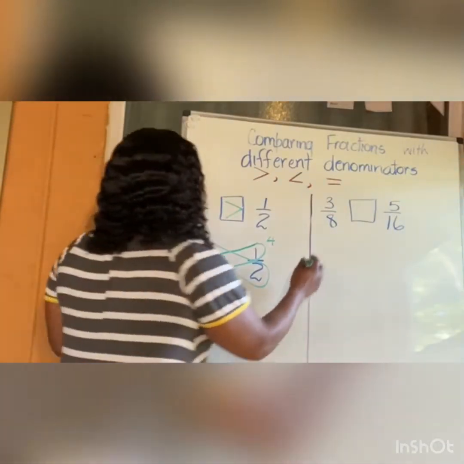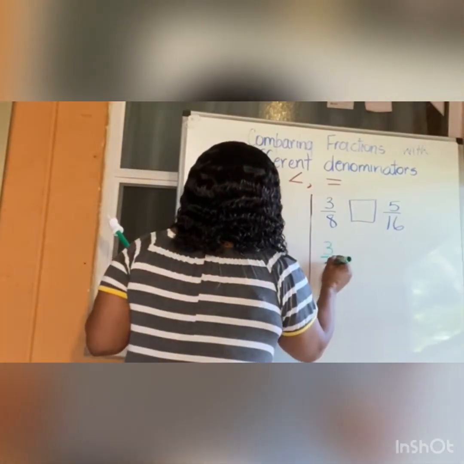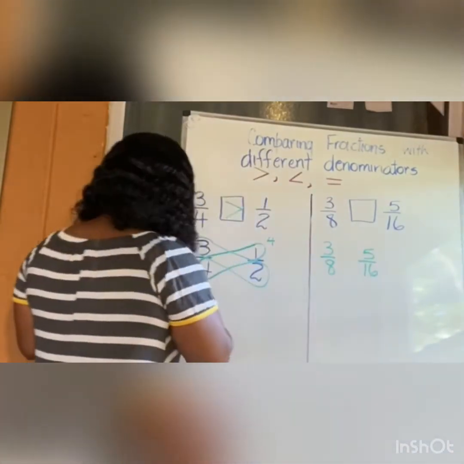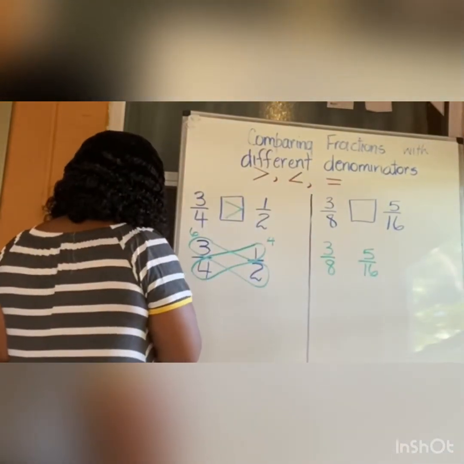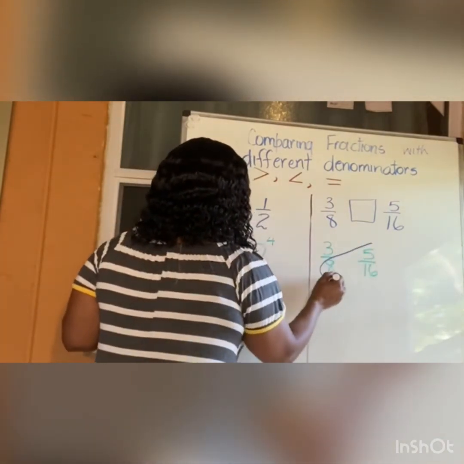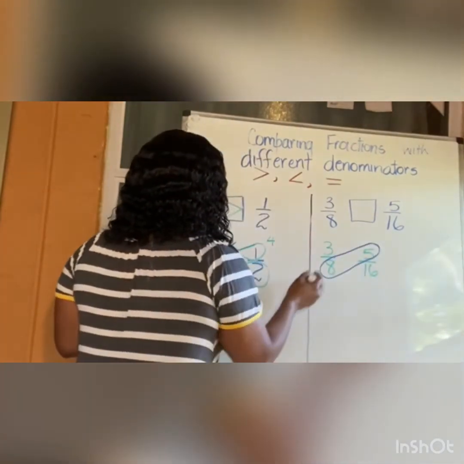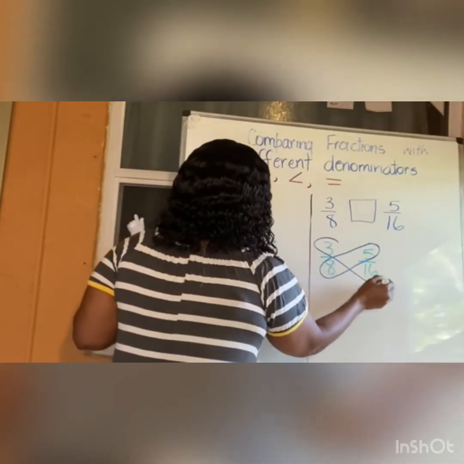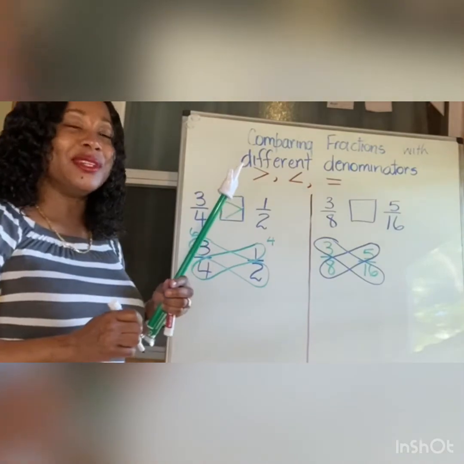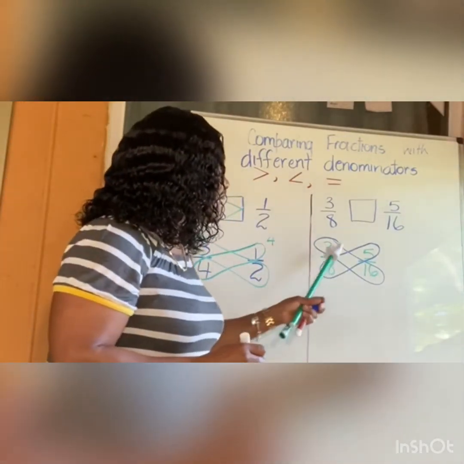So again, I'm rewriting my fractions, and I am going to be doing the butterfly method. So it is 5 and the 8 that go together, and 3 and the 16 that go together. These are bigger numbers. Now 8 times 5.